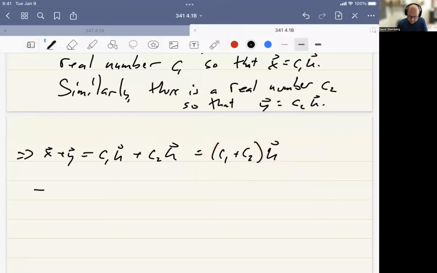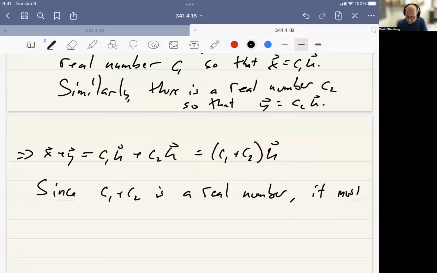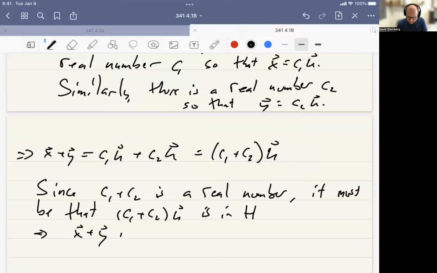So since C1 plus C2 is a real number, it must be that C1 plus C2 times U is in H. And so all of that means that X plus Y is in H as desired.